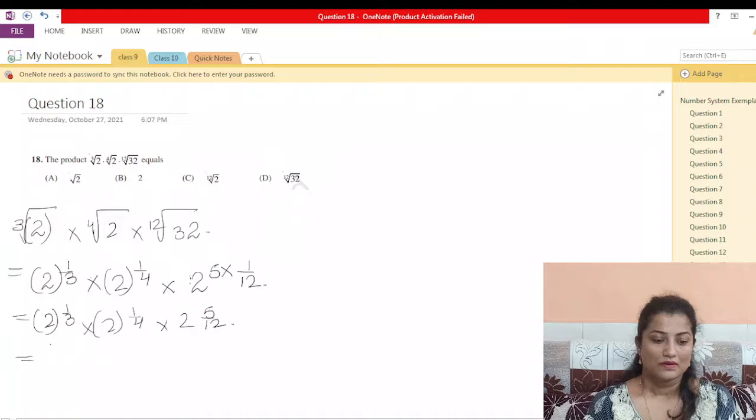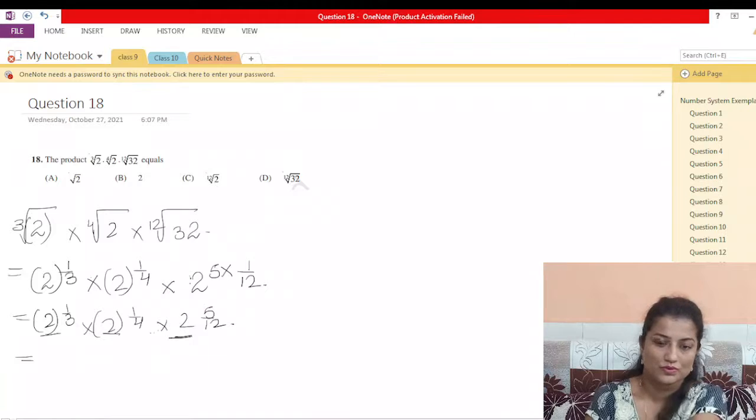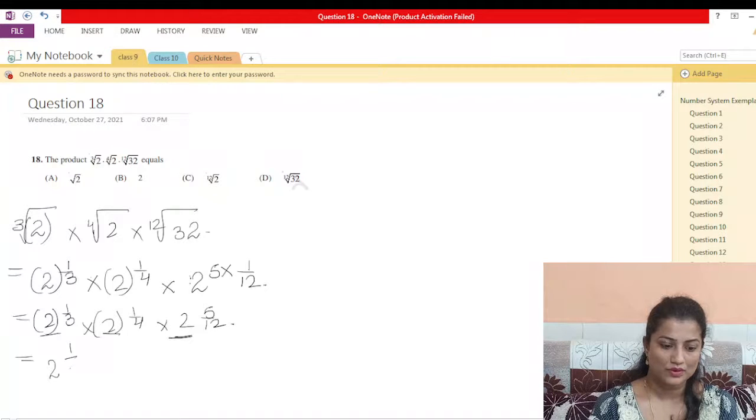Now, you know that in multiplication, when the bases are the same, and here we have turned all the bases into 2, the powers are added. Right? So it goes as 2 raised to 1 by 3 plus 1 by 4 plus 5 by 12. Now if we add all three powers, 1 by 3 plus 1 by 4 plus 5 by 12, the LCM is 12.